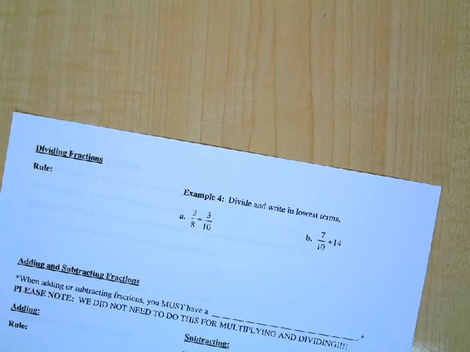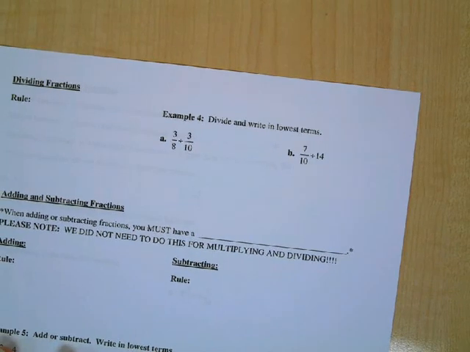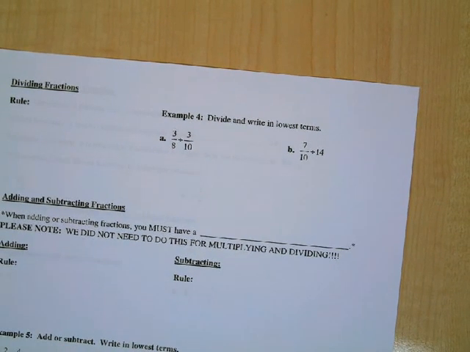Okay, so now the dividing rule, and again, your paper probably looks a little bit different than mine does, and that's okay. Mine looks really different because we're missing dividing. Okay, dividing fractions.